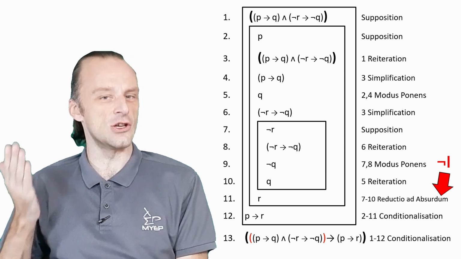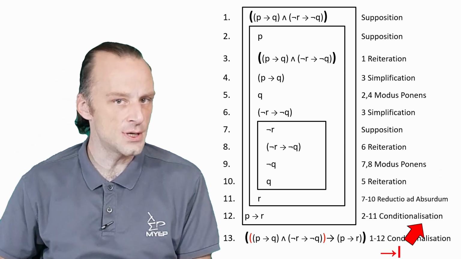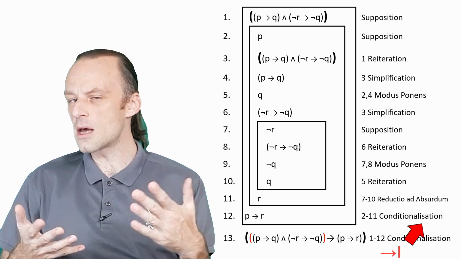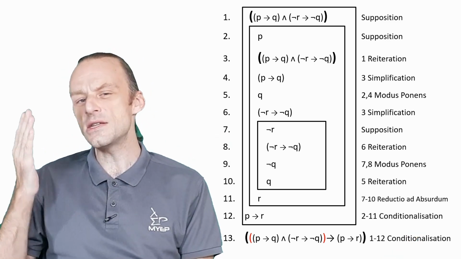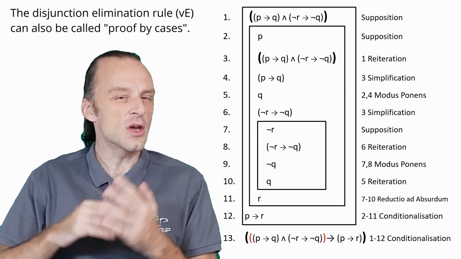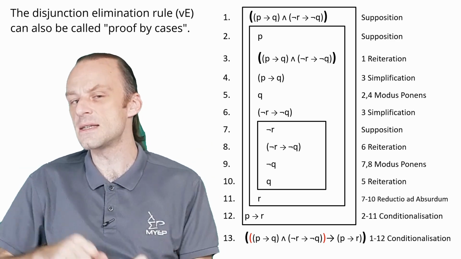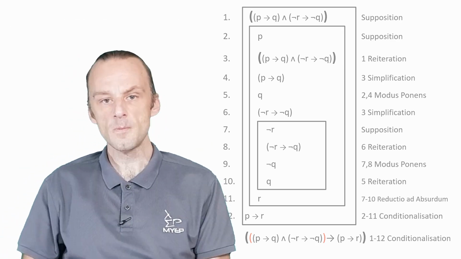And the conditional introduction is called conditionalization, or sometimes the conditional proof. One example not seen here is that the disjunction elimination is sometimes called proof by cases, because you have to prove both sides of the disjunction, both cases that could be true.